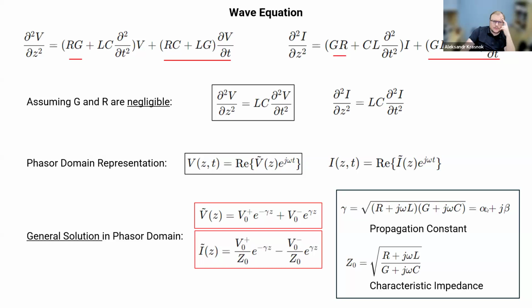However, we also have this real part, which describes the dissipation or decay of the amplitude. So if my system is lossless, R and G are 0, then my gamma will be purely imaginary and the wave will be propagating without any dissipation along this transmission line. So these are two parameters that describe any transmission line.